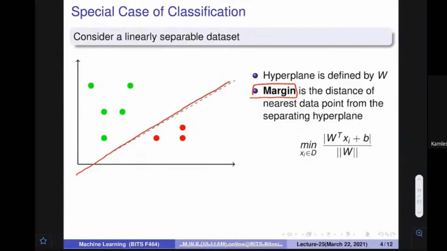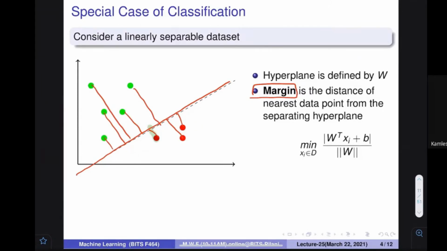Margin I'm going to define. For all the data points, you find out what the distance of that particular point is from this particular line. And can you tell me where the minimum distance is? Let's assume that the minimum distance is here.